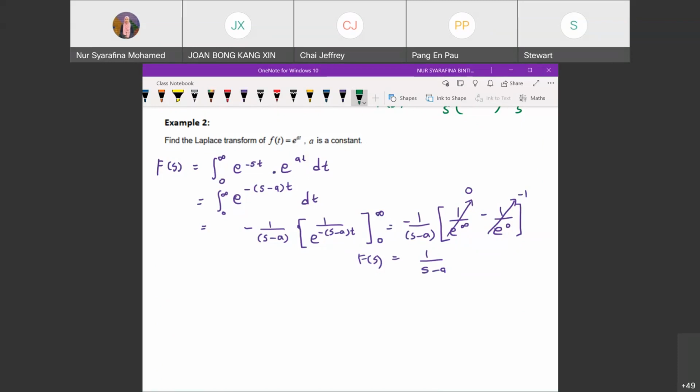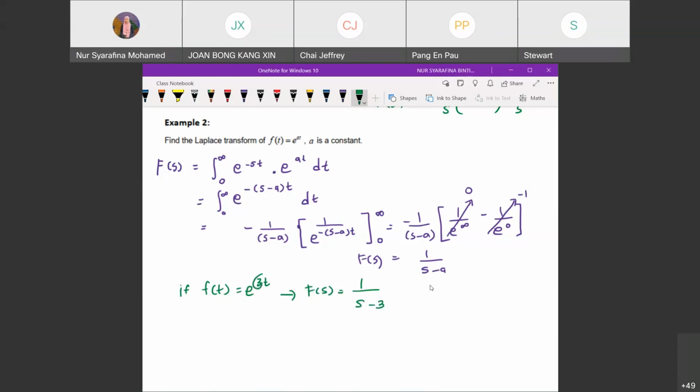So if your function is exponent to the power of at, then your F(s) becomes 1 over s minus a. Now, if your f(t) equals exponent to the power of 3t, then your F(s) will become 1 over s minus 3.